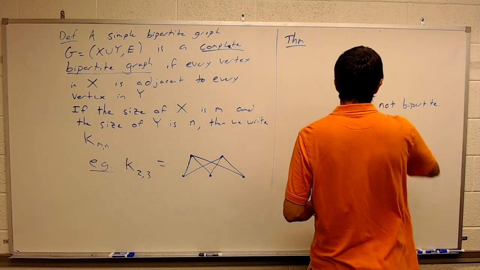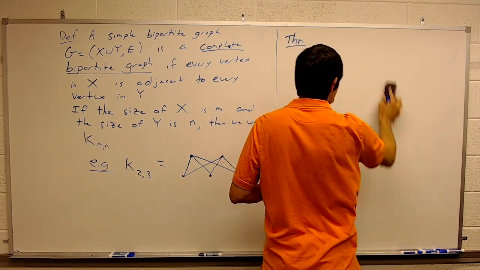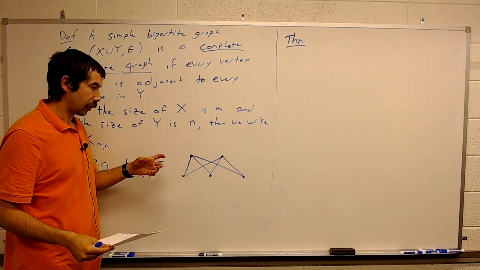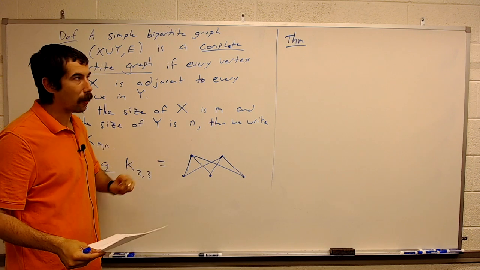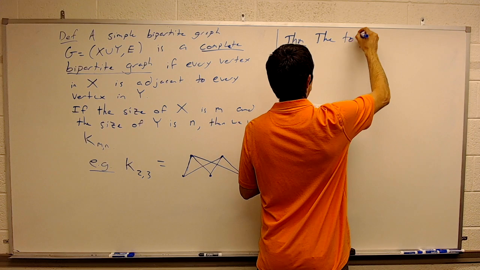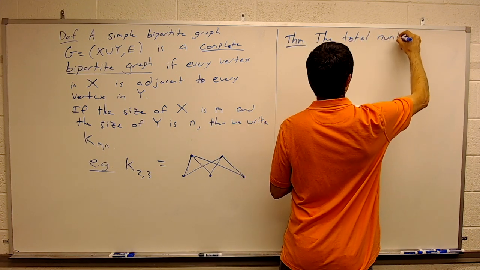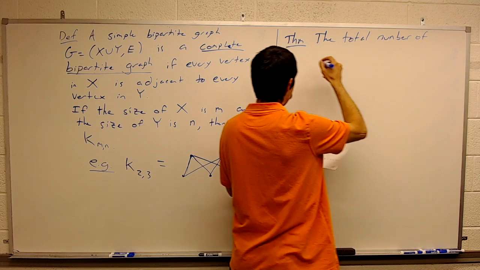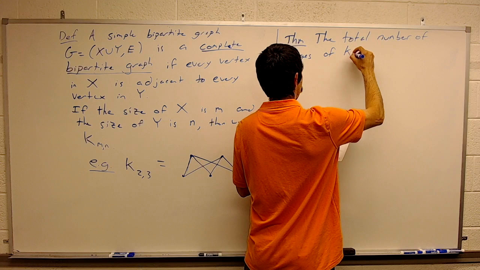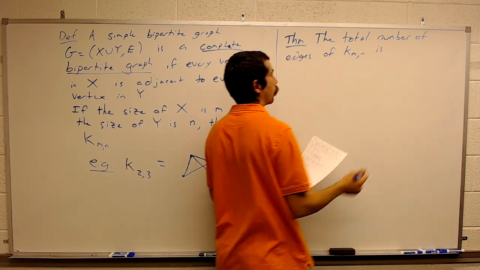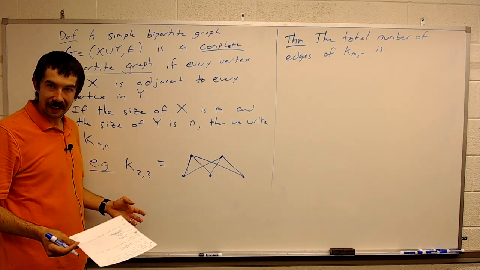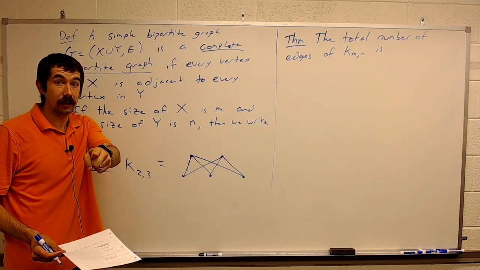And one last theorem before we call it quits for today. The total number of edges in this complete bipartite graph K m,n is, let me know in the comments.